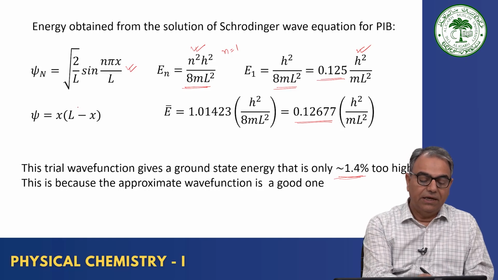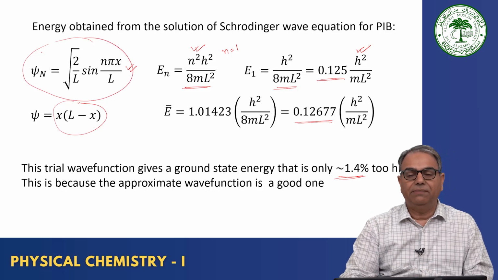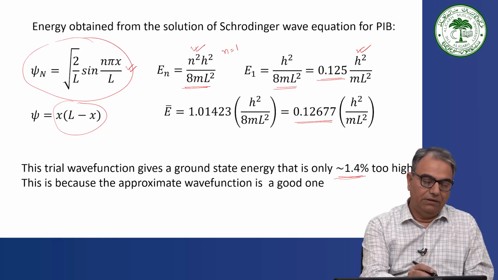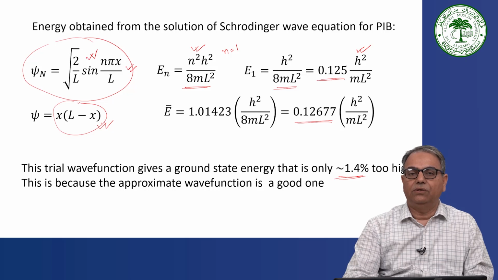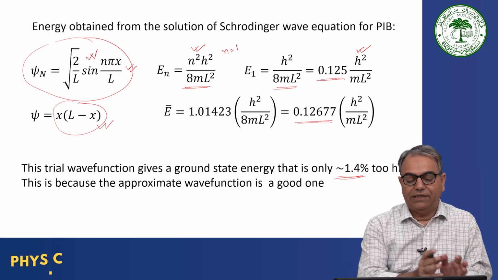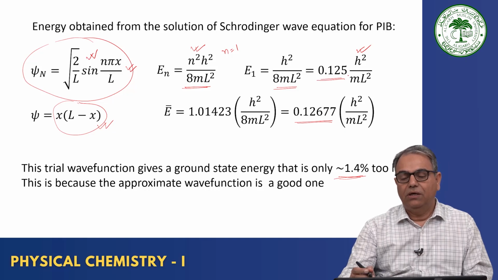This trial function x into L minus x has no correlation with the actual wave function root 2 by L sin n pi x divided by L. The only thing common between these two is that this function also becomes 0 at x equal to 0 and x equal to L. So only the boundary condition has guided you to get a trial function like psi equal to x into L minus x, and with this boundary condition we got an energy which is very close to the actual energy of the particle in a one-dimensional box.